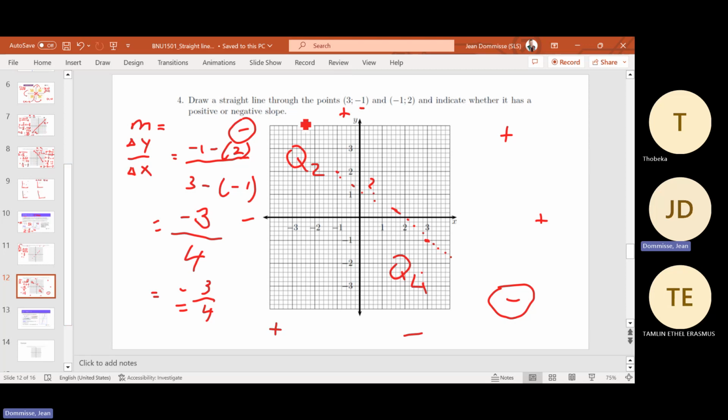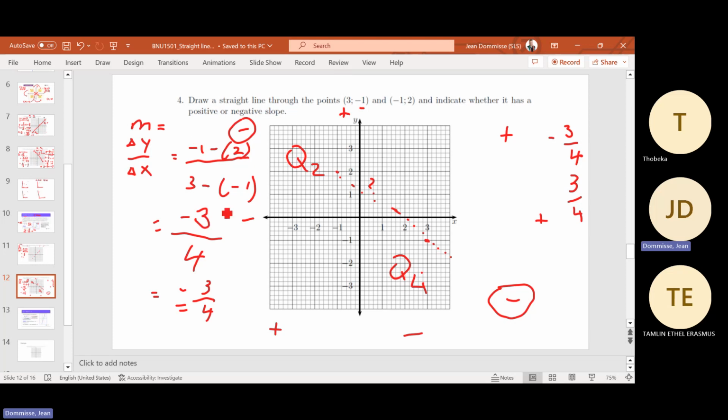And the reason why I mention that is because what happens a lot is that they give you these points, and then one of the answers is, so typically with these answers, probably one would have been your minus 3 over 4. One would have been 3 over 4.